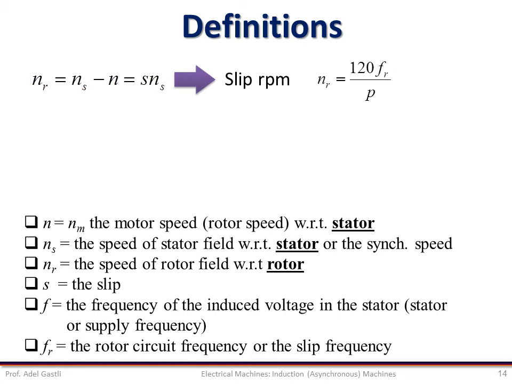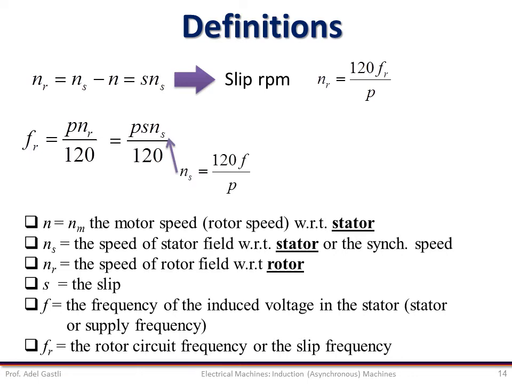Now, if you consider the frequency of the rotor circuit, which is called slip frequency, FR, we can express the slip RPM similarly to the synchronous speed equation as NR equals 120 multiplied by FR divided by P. We can then deduce FR as P multiplied by NR divided by 120, or P S NS divided by 120.